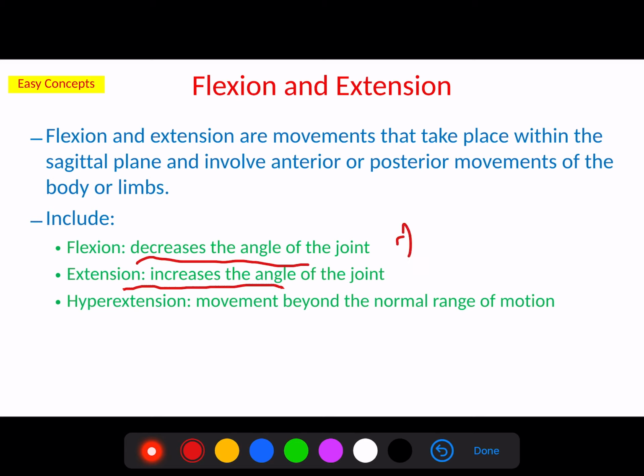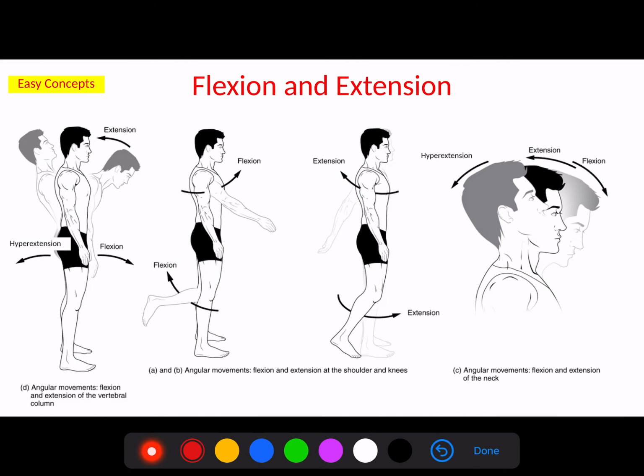So for example, the body, the trunk, when we are bending down, this is a flexion. When we are getting back, this is extension. And sometimes we can go even beyond the anatomical position. This will be hyperextension. So flexion, extension, and hyperextension.